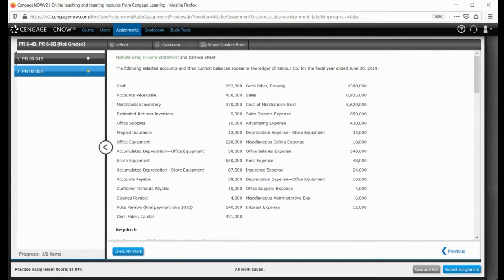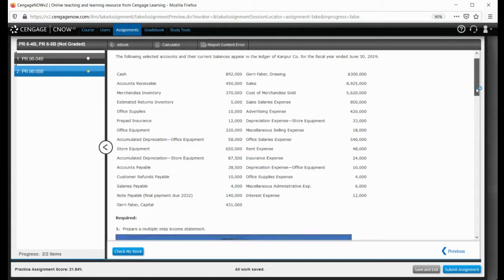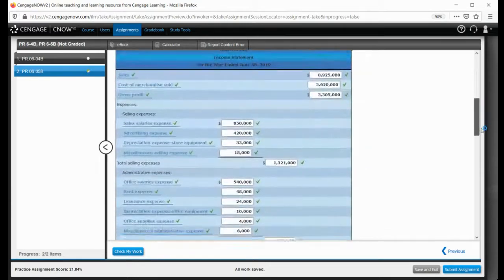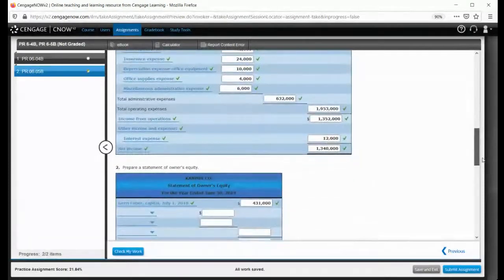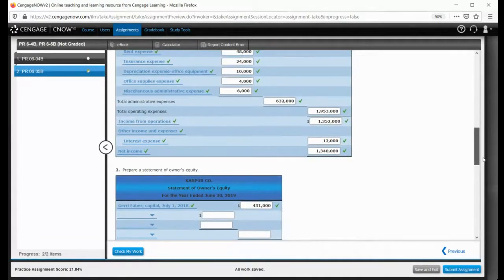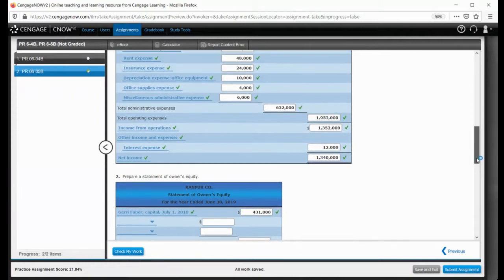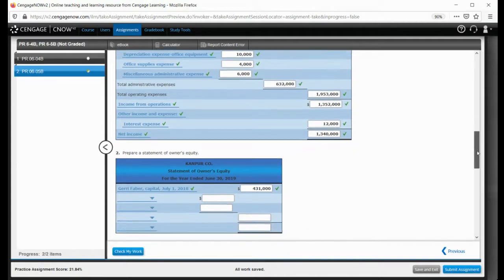So because it's not mentioned anywhere in the instructions of this problem, I'm going to assume there are no additional investments. So we skipped a step here. If you'll remember from chapter 1, we said if there were additional investments, we ought to write it in here. But again, Cengage did not do that.